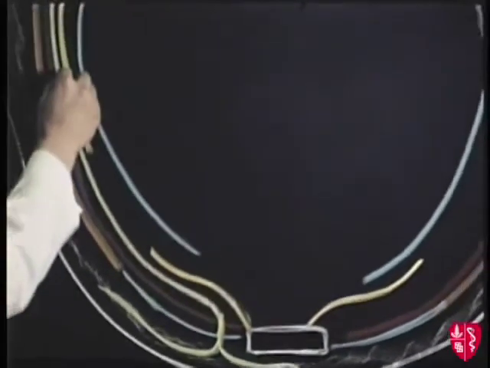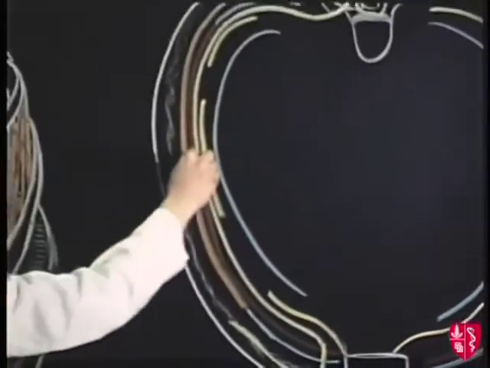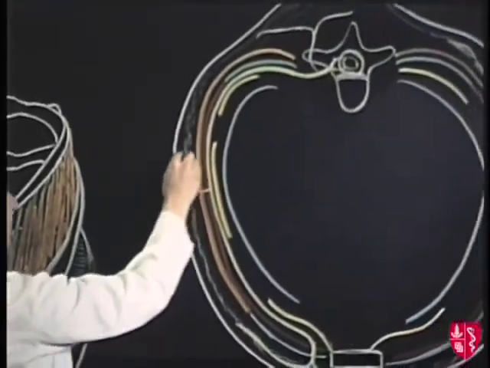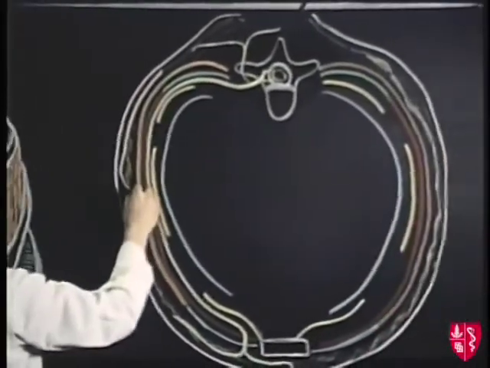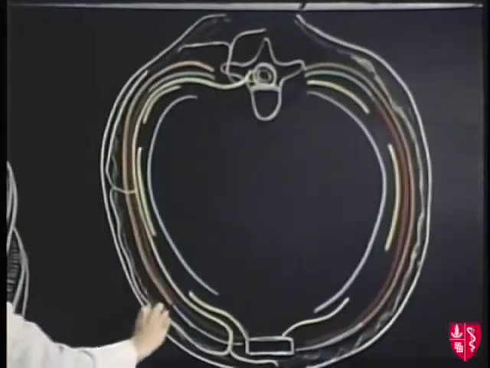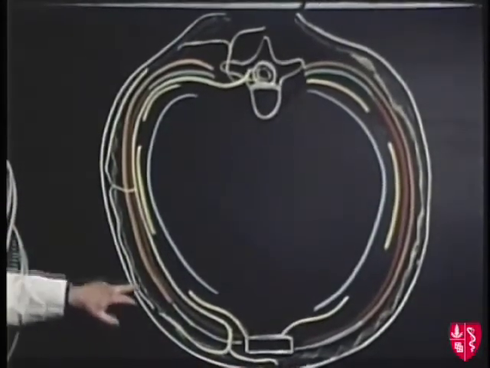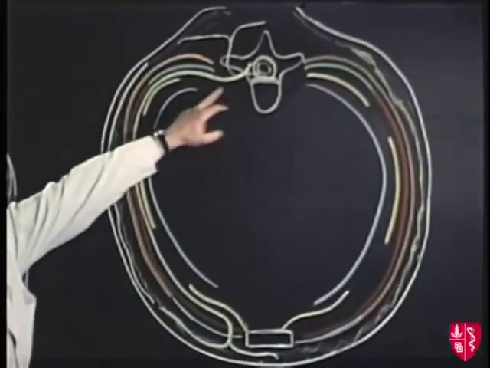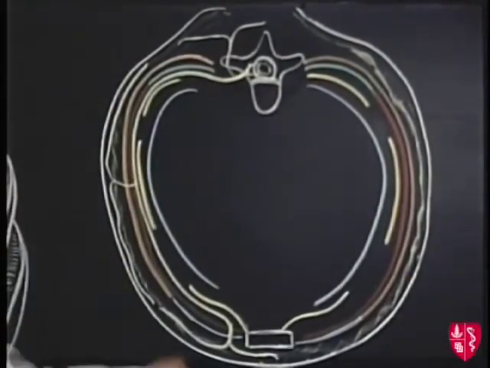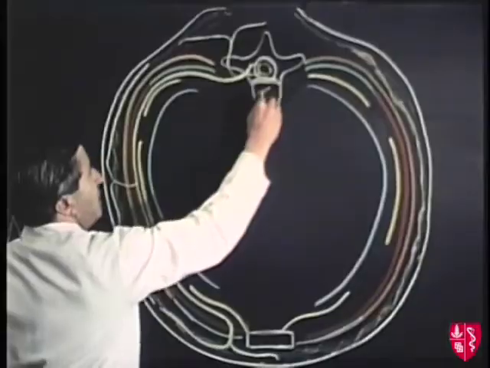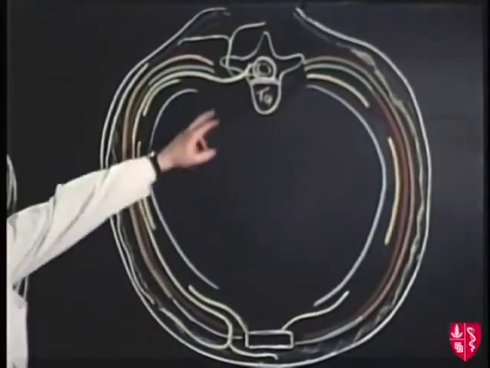About halfway around, the intercostal nerve gives off a lateral cutaneous branch, which splits in this manner, and so we see that the skin over the intercostal space is supplied by this spinal nerve. Let us say, for example, this is the fourth intercostal nerve.